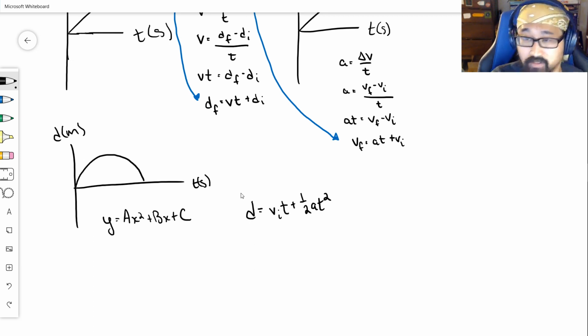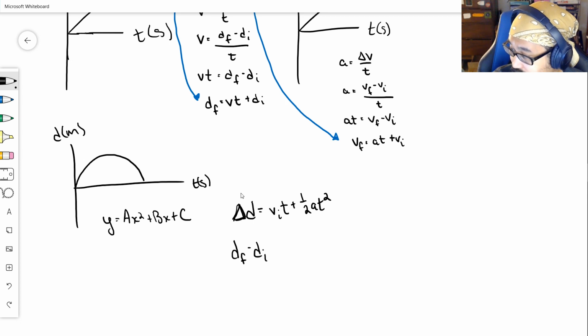I'm going to rearrange this just the tiniest bit. And I'd like you to do this if you haven't already. I think I had you do this in class, but I'm going to say it here too. This should be a delta d. Delta is final minus initial. So let's call this distance final minus distance initial equals vit plus 1/2 at squared.